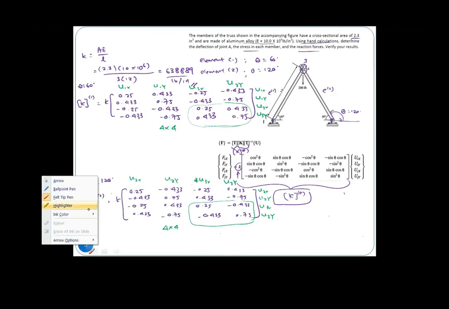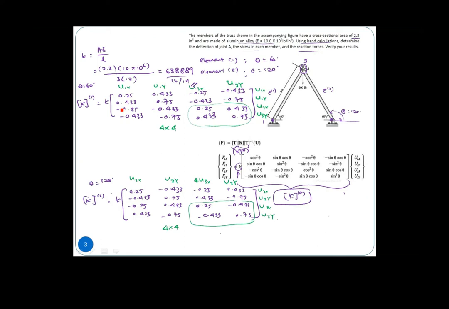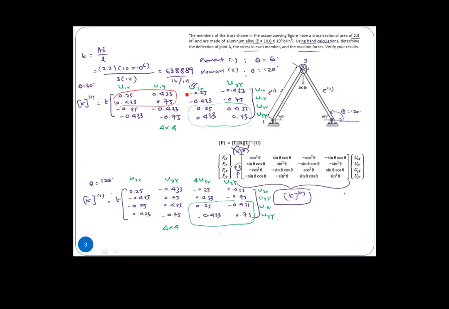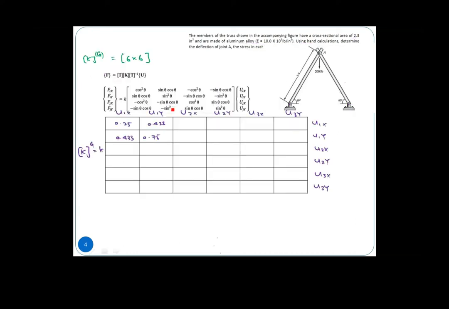Let me draw this. Then 1, 3: this particular part will happen here, and this part will happen here and here, and here and here.